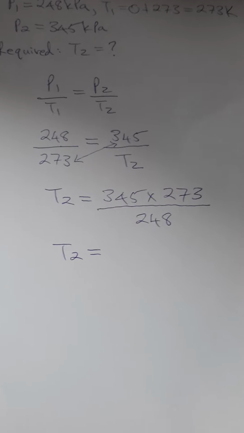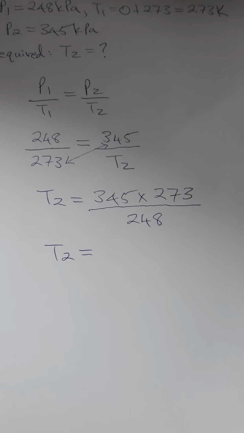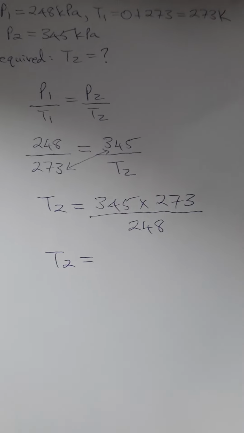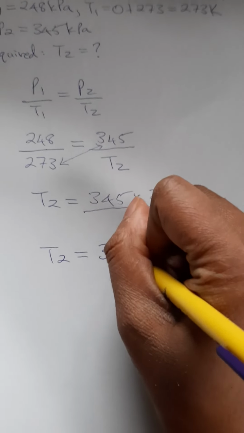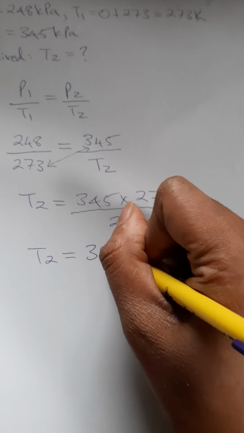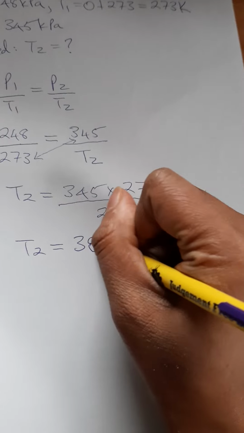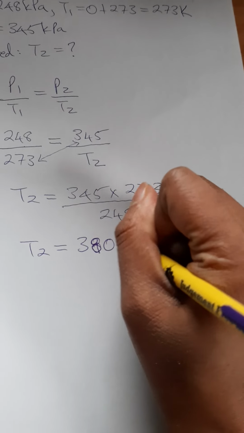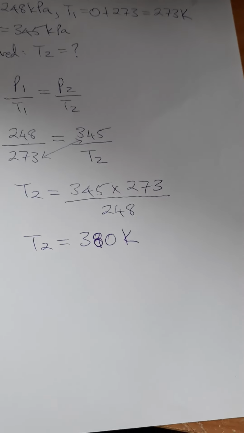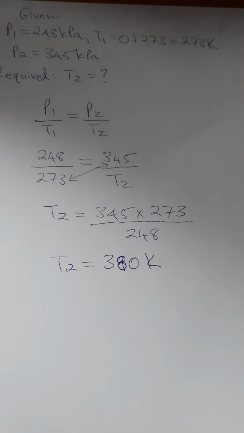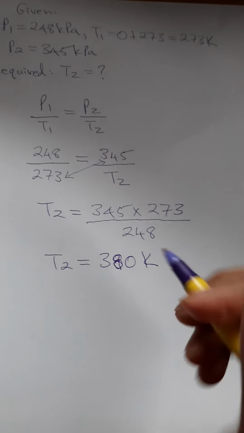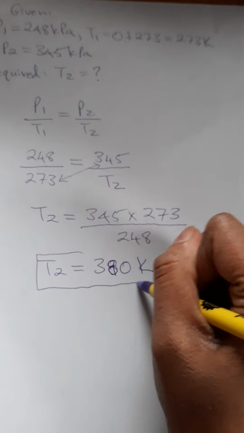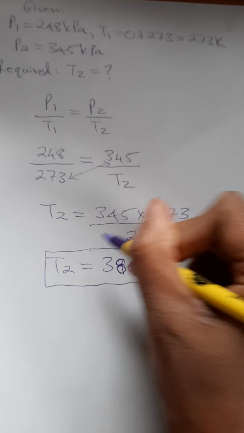So 345 times 273 over 248, and we are getting about 380, rounded. So 380 Kelvin is our final answer. In terms of the temperature, I would make sure that I round it to the nearest whole number.